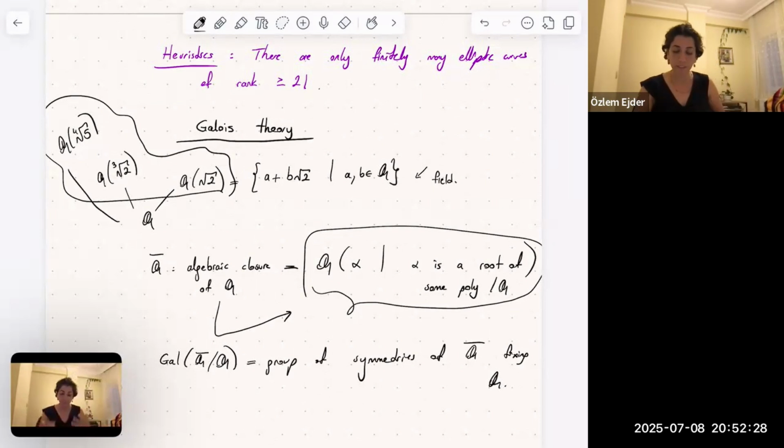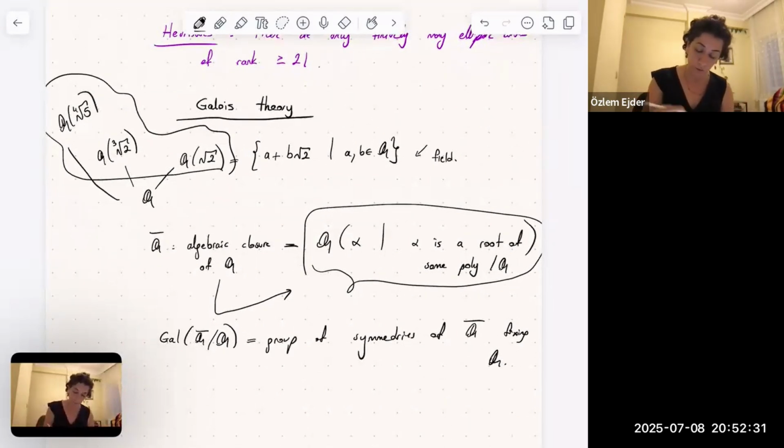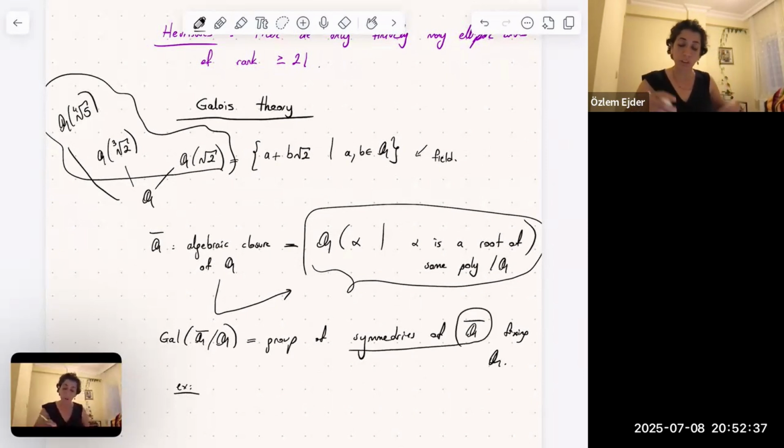So this just means the following. Examples. If it is just a symmetry of Qbar, that means if you give me an element in Qbar, it should just produce another element in Qbar. And how does this work?